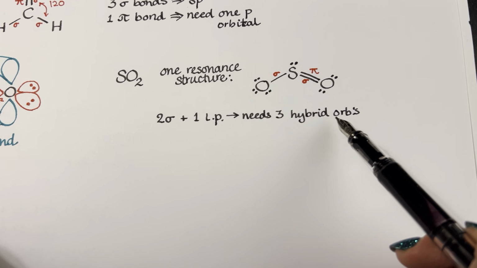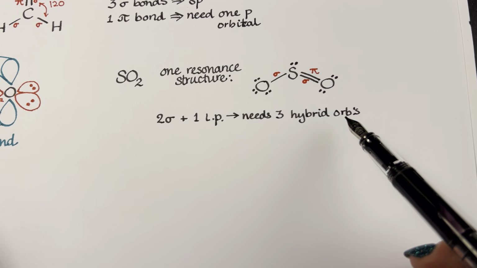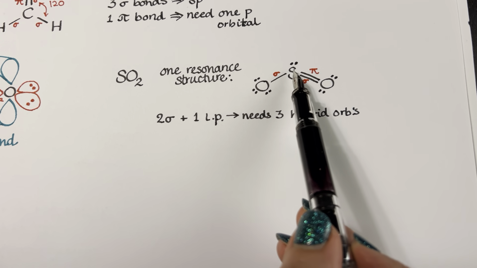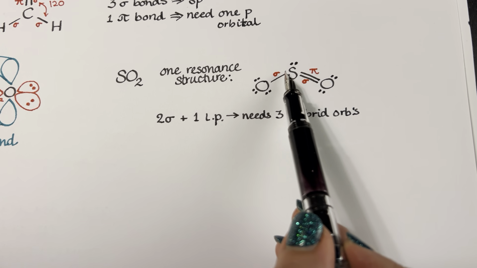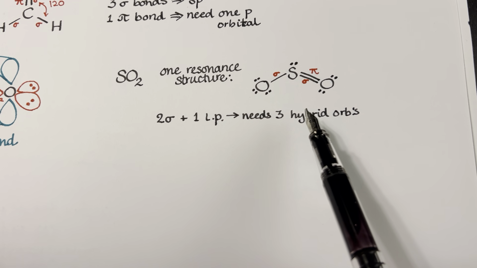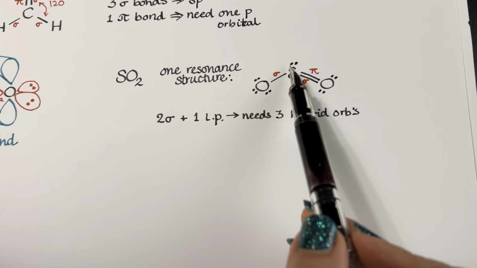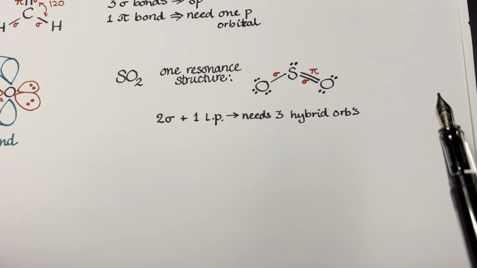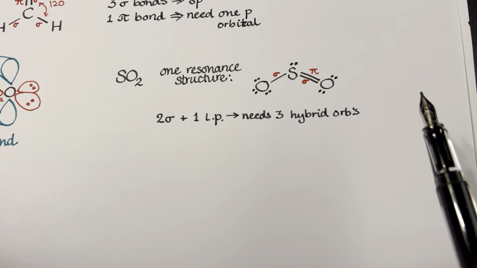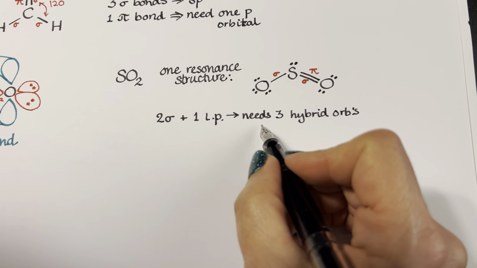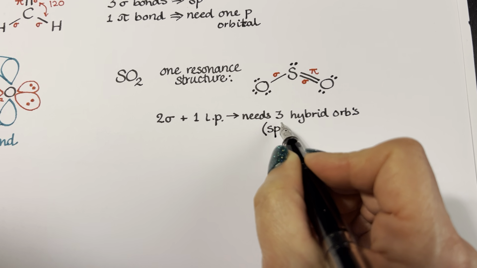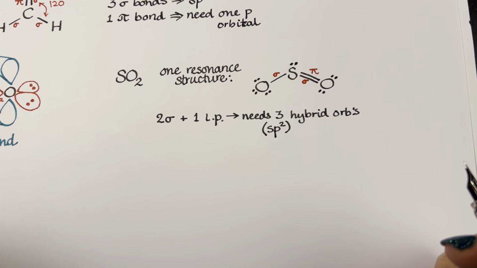These hybrid orbitals are reaching directly out from the central atom, so that's why they're used for sigma bonding, as opposed to the leftover unhybridized p orbitals. Those are perpendicular to the other atoms. So this needs to be sp2 hybridized.